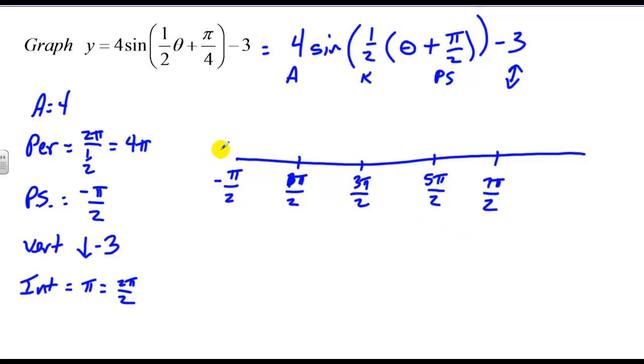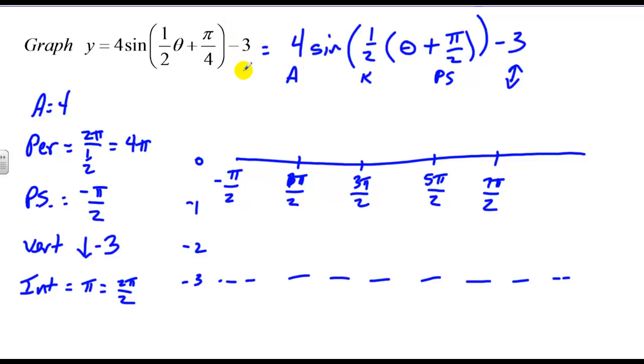What I'm going to have to do now is note that the middle of my graph is down 3, so I'm going to call this 0, -1, -2, -3. And from here, this is my midline, if you will. So I'll go all the way across.